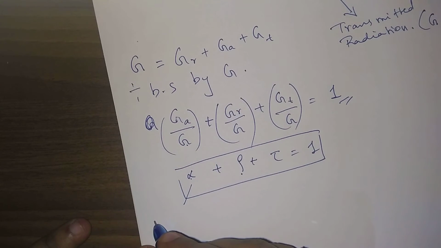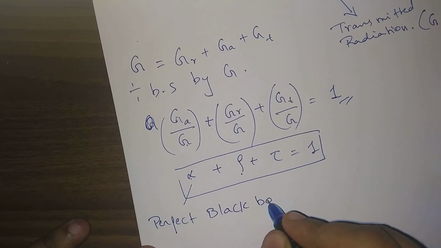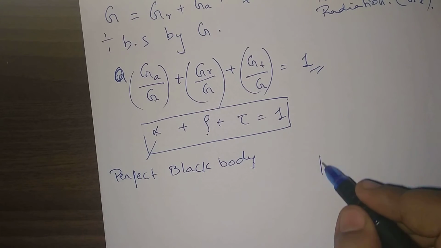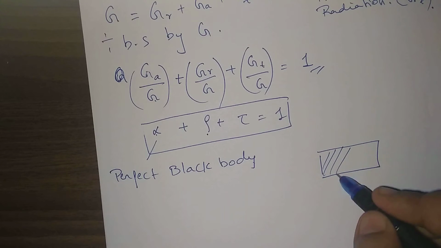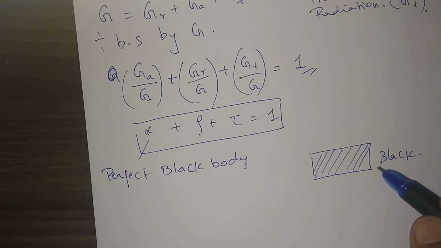So for a perfect black body, what do you mean by a black body? How do we define a black body? Suppose this is a black body.